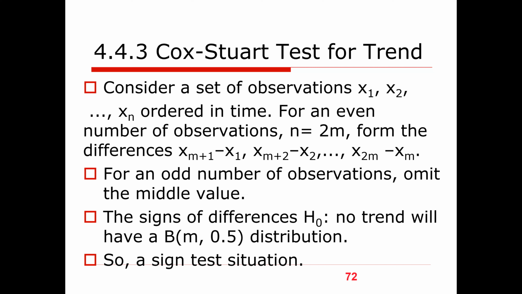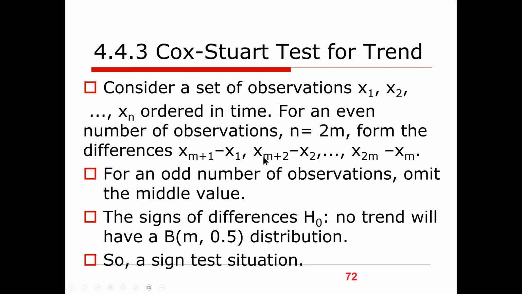So consider a set of observations, x1 through xn, ordered in time. We separate those n observations into two groups, an early group and a late group, based on their timing. If n is an even number, we separate them into two groups with m observations, m is half n, and use each observation in the late group to subtract each observation in the early group.